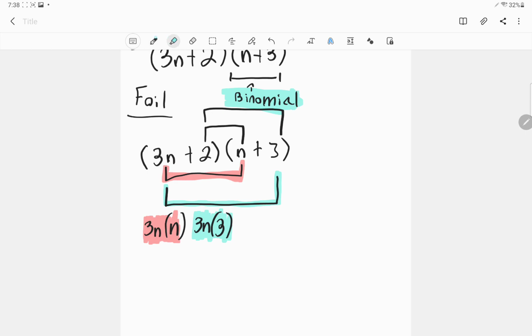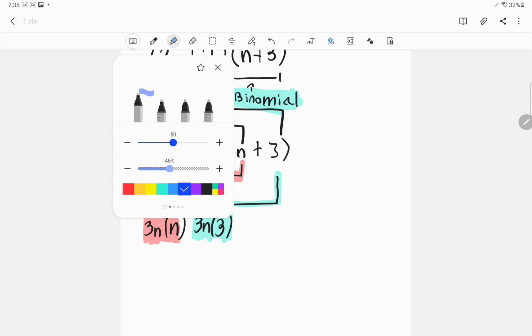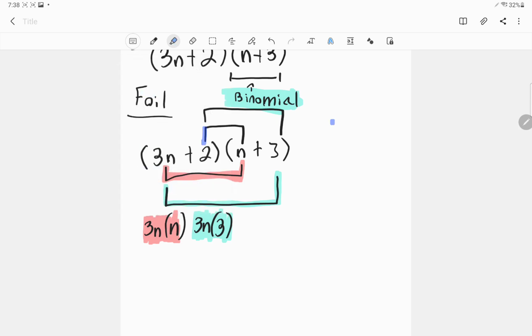Now I'm going to do the other two. So I'm going to choose a dark blue here. So now I'm going to get this guy and I'm going to multiply with this guy. So it's going to go right here. 2n. Finally, like I said, going to multiply.